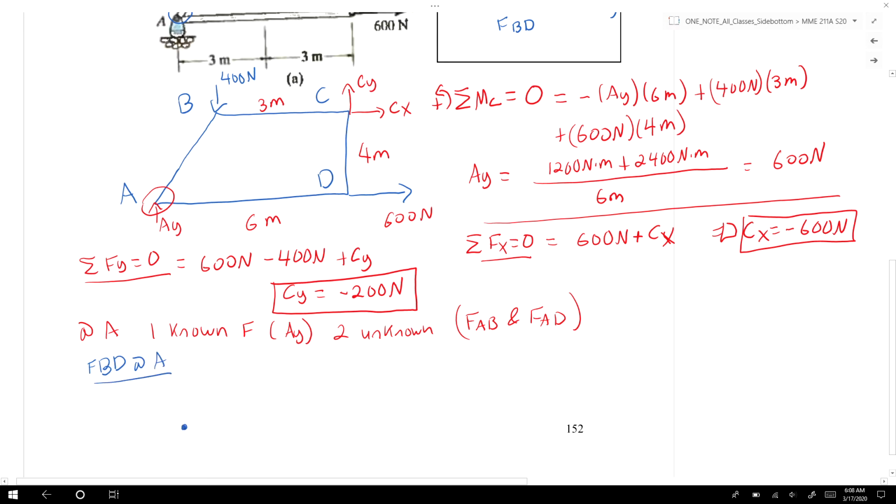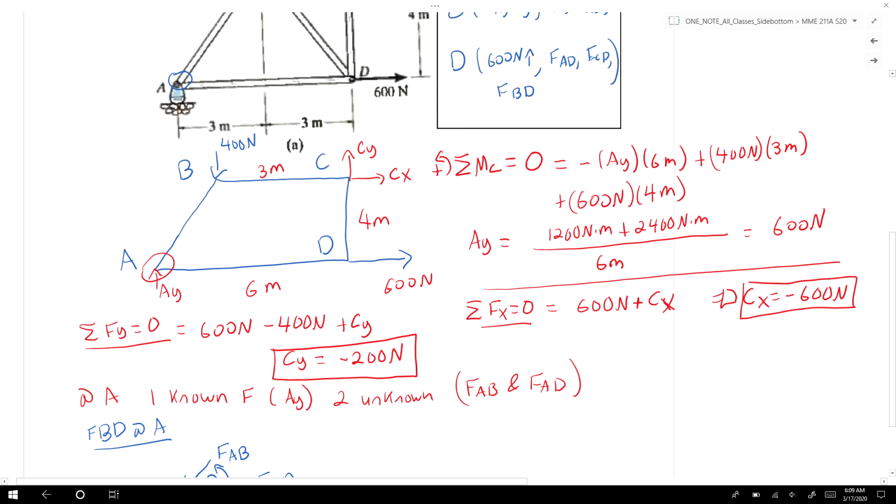So we'll have our point here, and then we'll have AY, which was 600 newtons. Alright, and then we'll have FAD coming out of point A, and then we'll have FAB, we'll say goes into point A. Alright, now the one thing that we need to know on this free body diagram is the angle theta here.